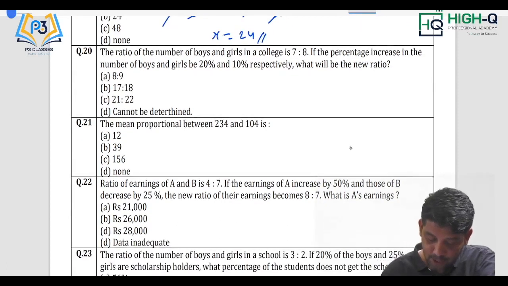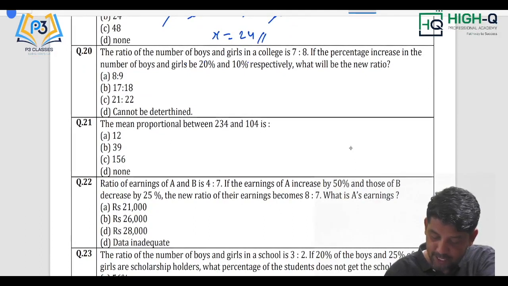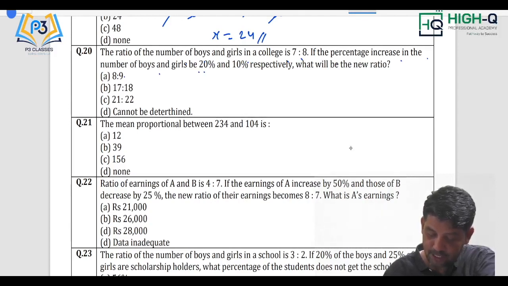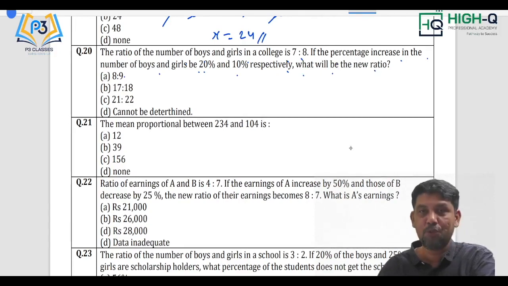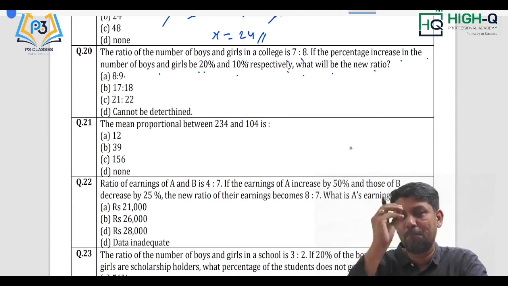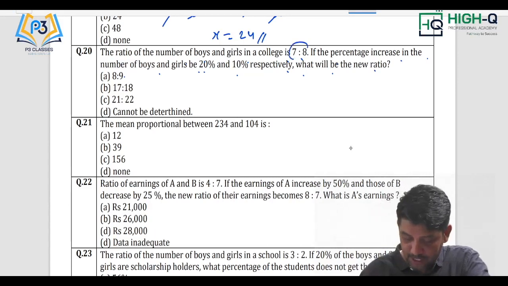Next, the ratio of the number of boys and girls in a college is 7 is to 8. If the percentage increases in the number of boys and girls is 20% and 10% respectively, what will be the new ratio? Please follow the simple procedure. Don't waste your time. Ratio is 7 is to 8. Let me take the number of boys 70, number of girls 80.